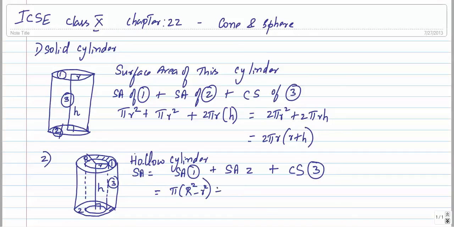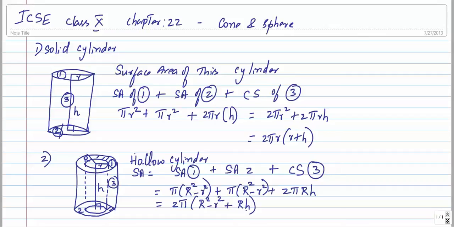Again, for the bottom face, pi into R square minus r square plus 2 pi capital R h. So this becomes 2 pi into R square minus r square plus capital R into h. Are we clear about this?